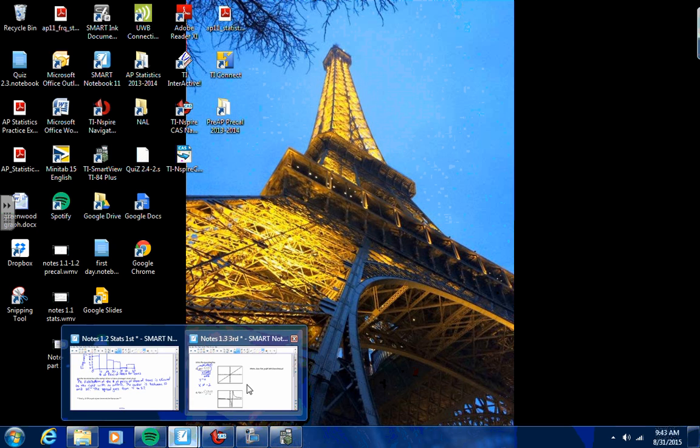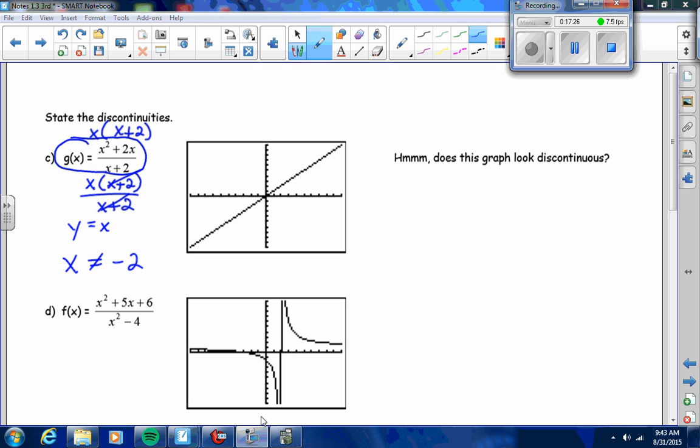So let's go back to the notes. Look at this. So on your paper at x equals -2, I want you to draw in a hole. We have a hole at x equals -2. And we get that hole because those factors canceled out. We had a common factor on top and bottom, and when they cancel out, that's what produces the hole in the graph.